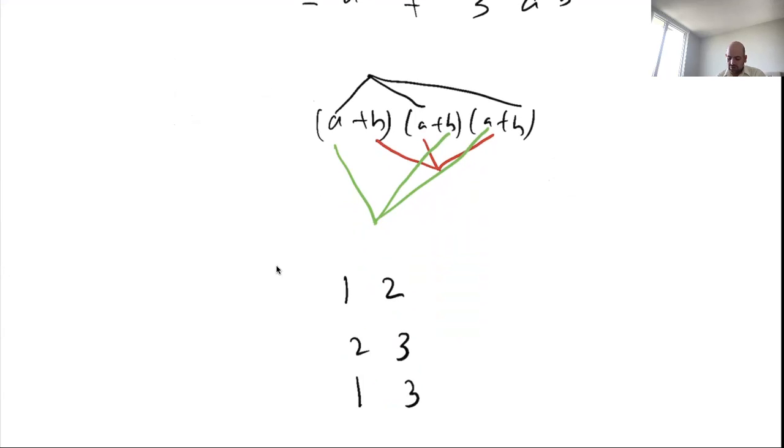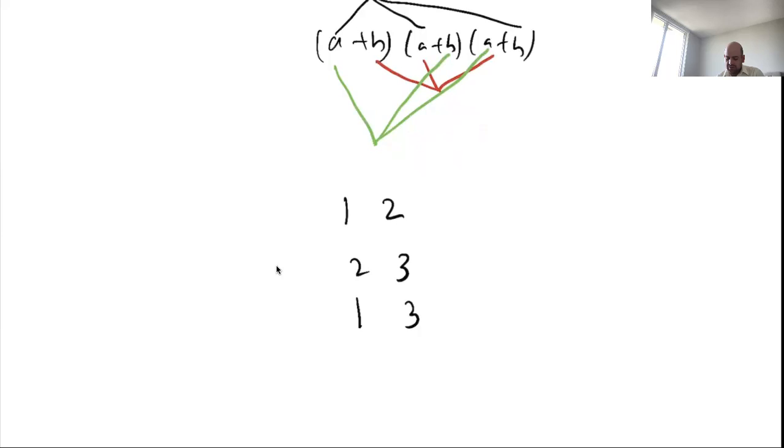So when I say 1 and 2, I mean first and second bracket. I'm going to choose a from them, and the remaining bracket will be automatically b. When I say 2 and 3, it means second and third bracket, I'm going to choose a from them. The remaining bracket will be automatically b. 1 and 3 means first and third bracket will be a, and the remaining bracket will be automatically b.